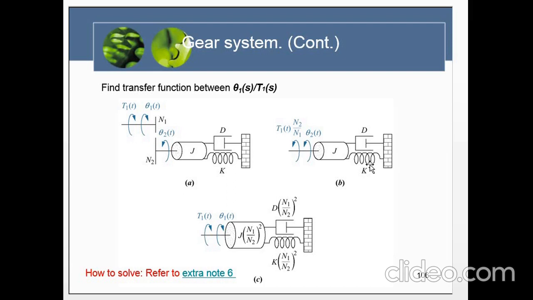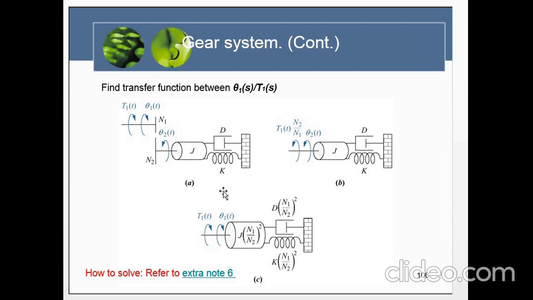Okay, now we look at this part. We see here the torque that works here is equal to T1 multiplied by N2 per N1. This is the value.